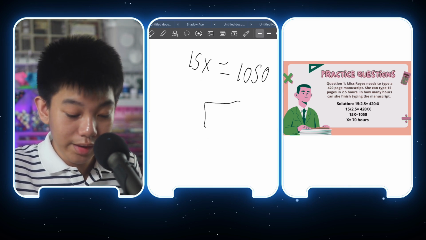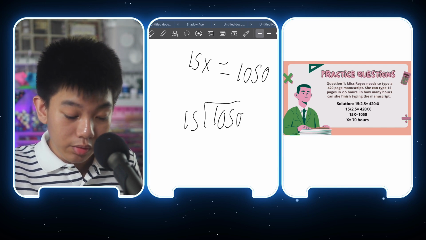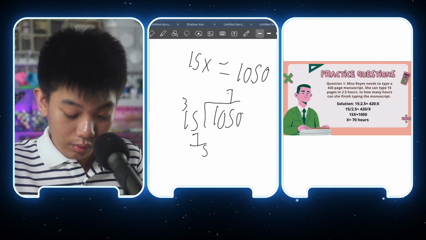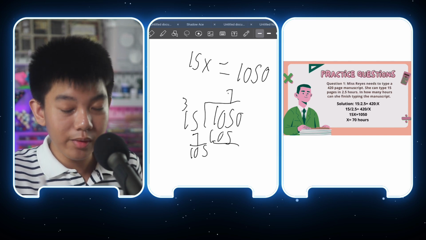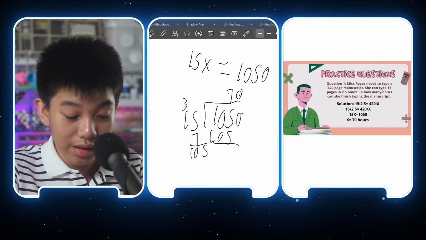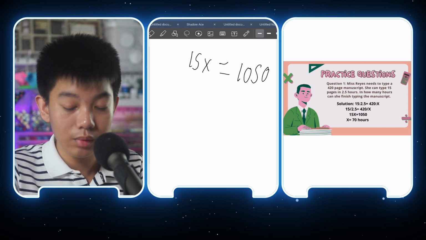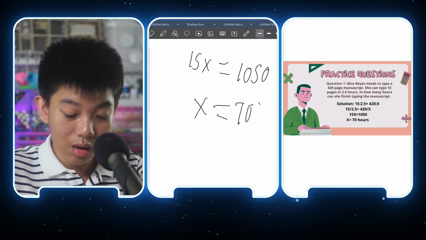Do the division, and you'll find that 1,050 divided by 15 will give you 70, which means our answer here should be x equals 70 hours.